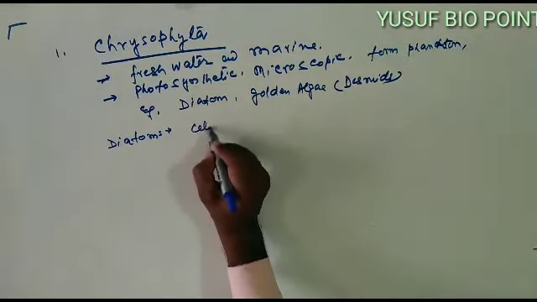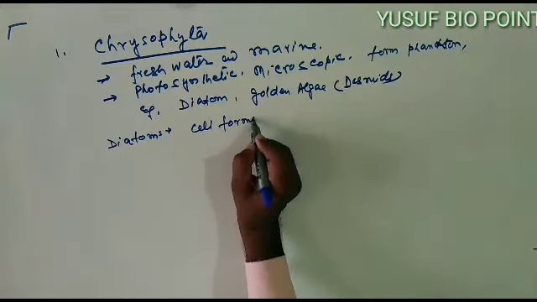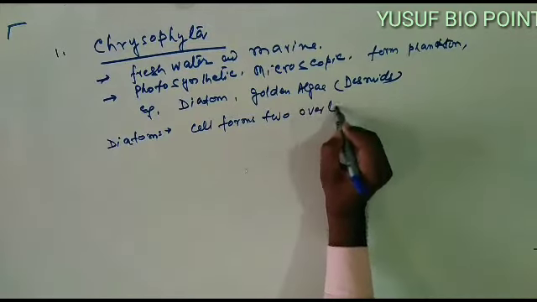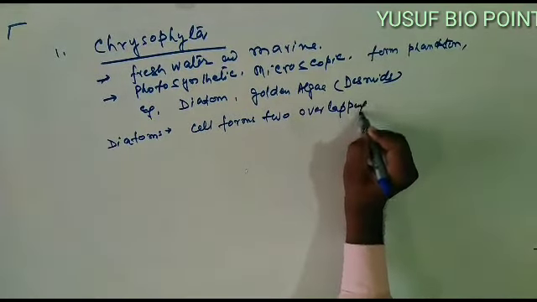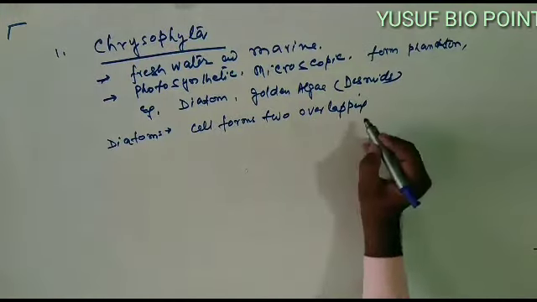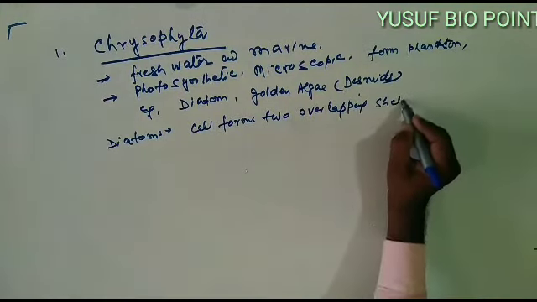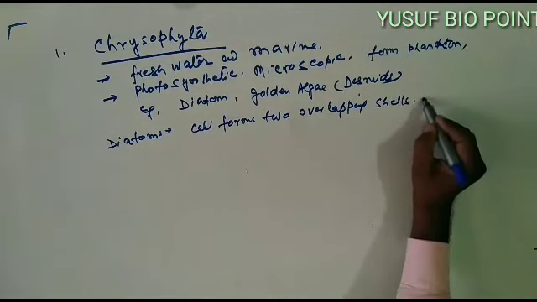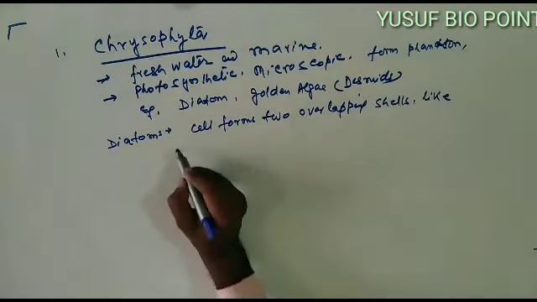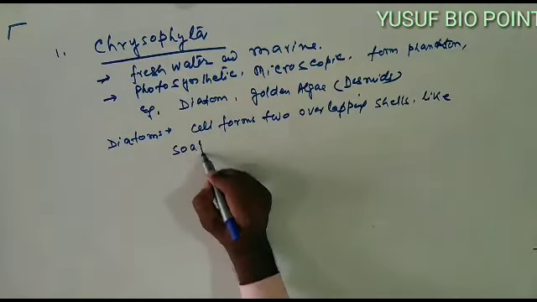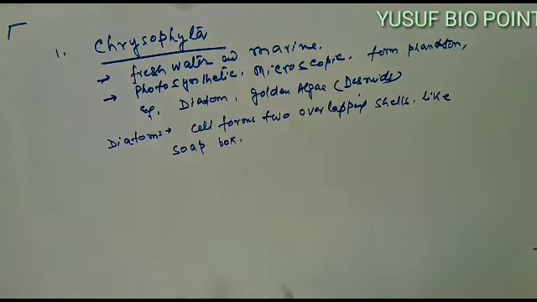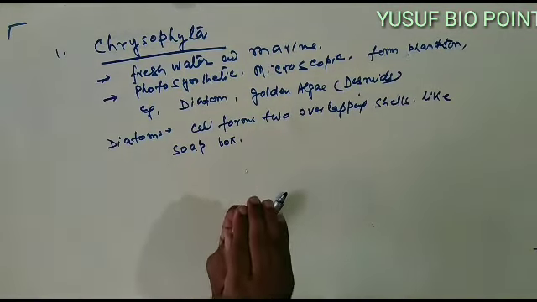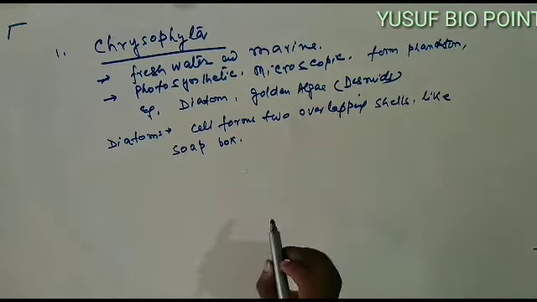In this, the cell forms two overlapping cells like a soap box, meaning the cells overlap each other and form soap box like structures.